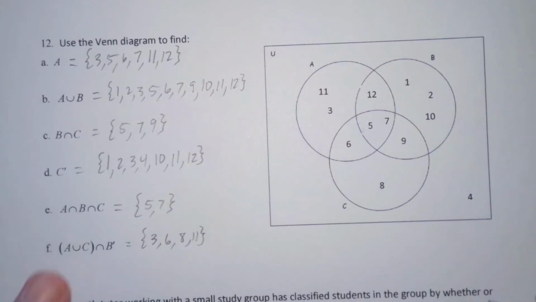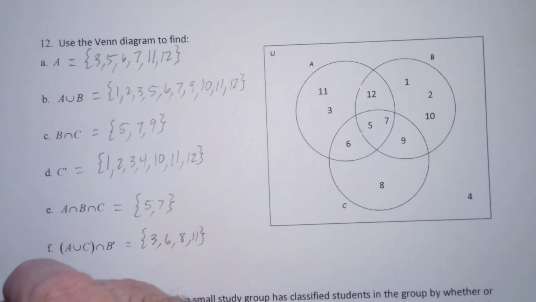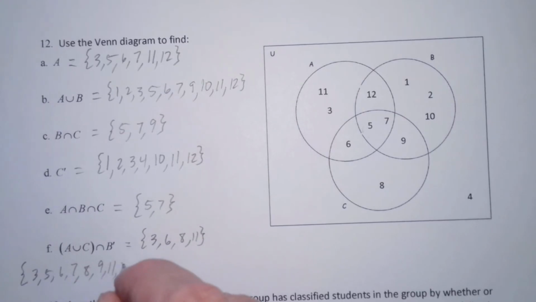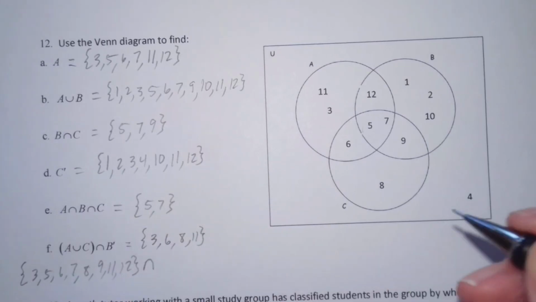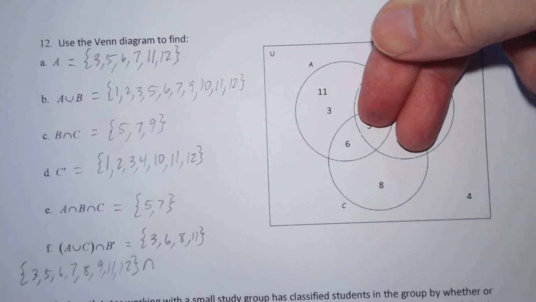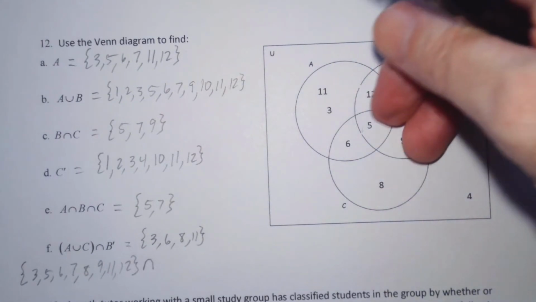The long way would be to find A union C, and I'll just tell you it's 3, 5, 6, 7, 8, 9, 11, 12. And intersect that with B complement, that's everything that's not in B. That would be 3, 4, 6, 8, and 11.